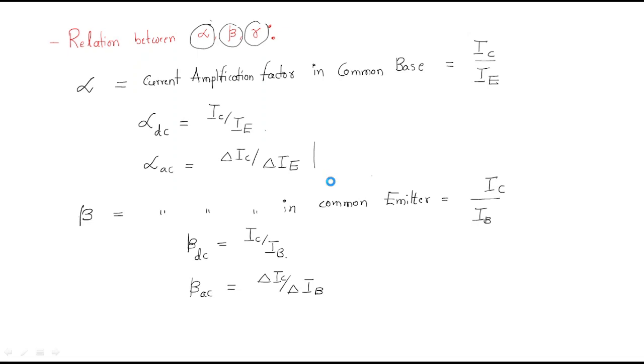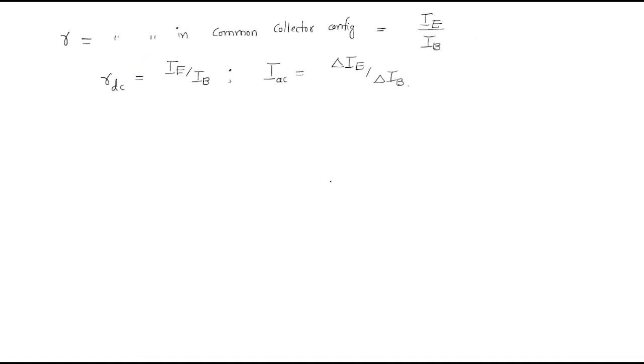So here these are the factors, but we can introduce a relation between them. In order to introduce this relation, you know that the emitter current is the combination of base current plus collector current. So divide the equation by the base current: the emitter current by base current, base current by base current is 1, and again collector current by base current.